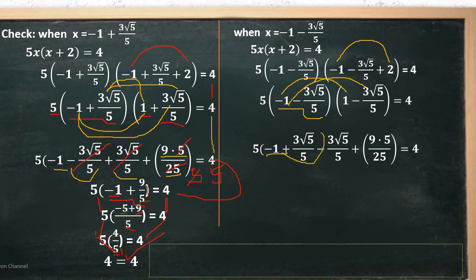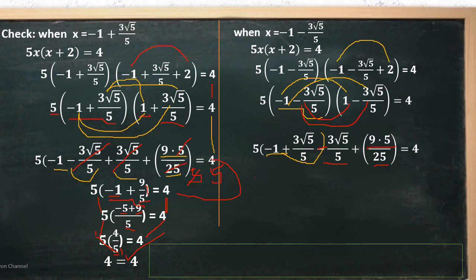Next, negative 3 square root of 5 over 5 multiplied by 1, and the answer is negative 3 square root of 5 over 5. Finally, negative 3 square root of 5 over 5 multiplied by negative 3 square root of 5 over 5, and the answer is 9 times 5 over 25.